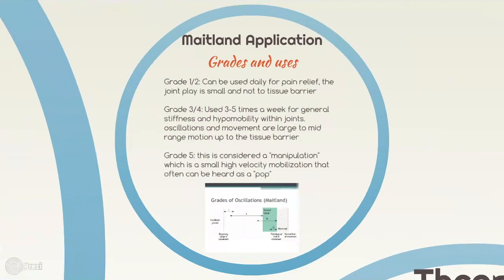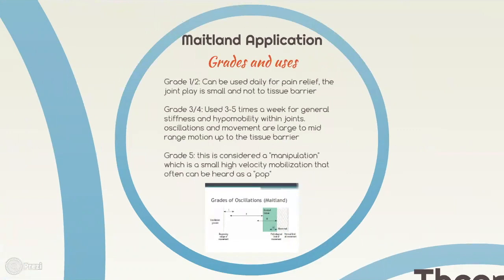Now, the Maitland application, we're going to be looking at grades and uses. So grade 1 to 2 can be used for daily pain relief, as well as the joint play is small and does not go to the tissue barrier. Grade 3 to 4, this is used about 3 to 5 times a week for joint stiffness and hypomobility, as well as it uses large mid-range motions and up to oscillations at the tissue barrier.